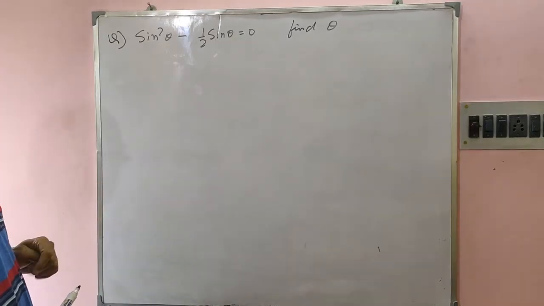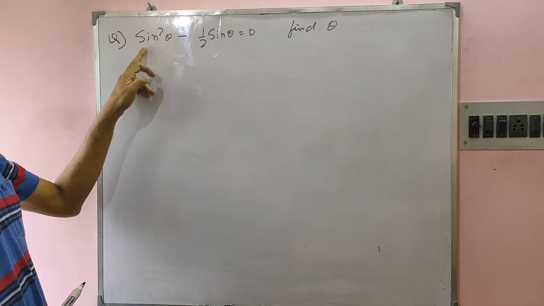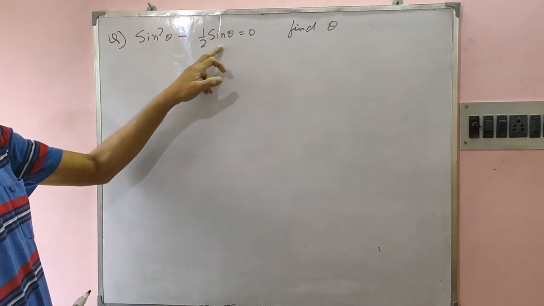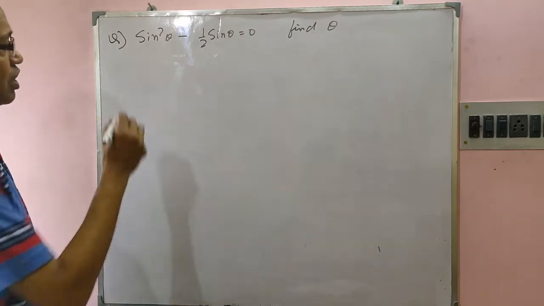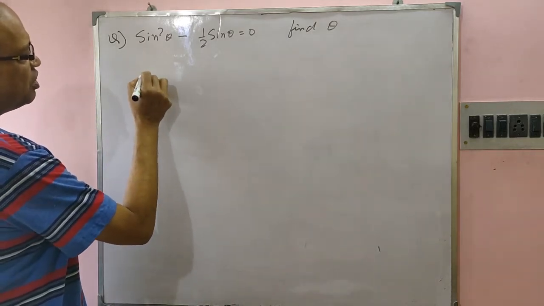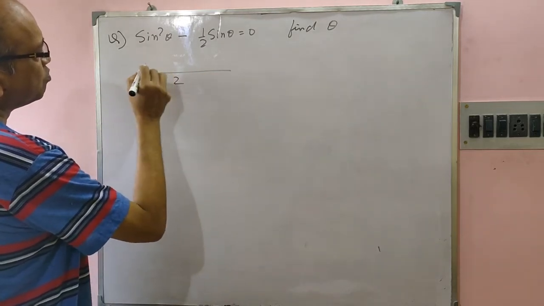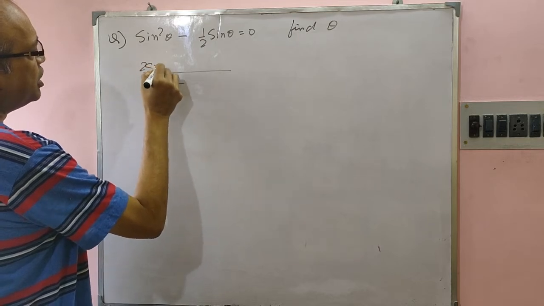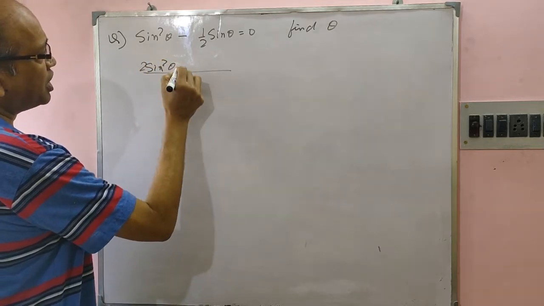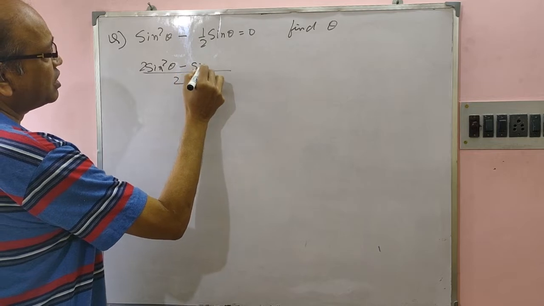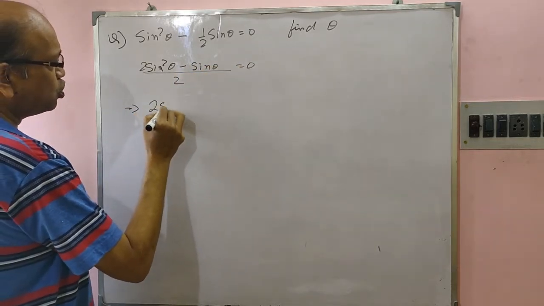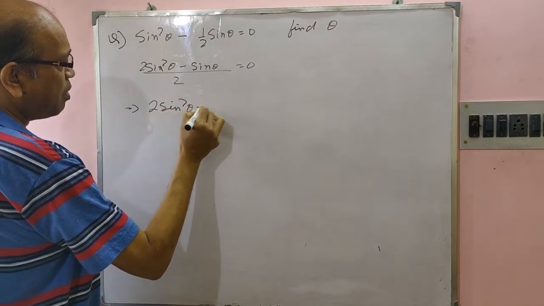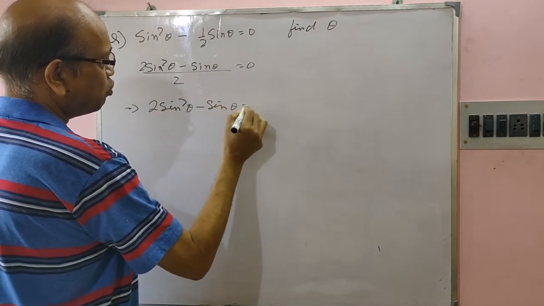The next question. It is given sine square theta minus half sine theta is equal to 0. We have to find the value of theta. Taking the LCM, we get 2 sine square theta minus sine theta equals 0.